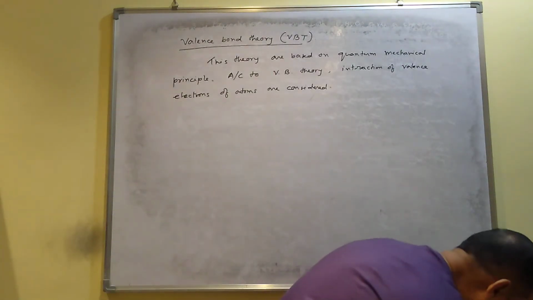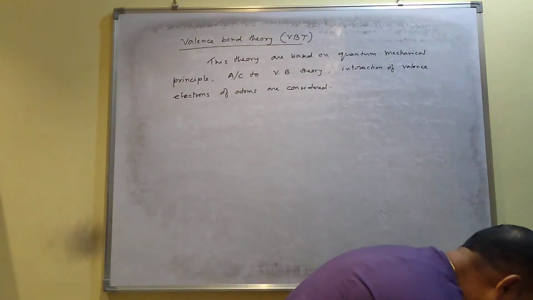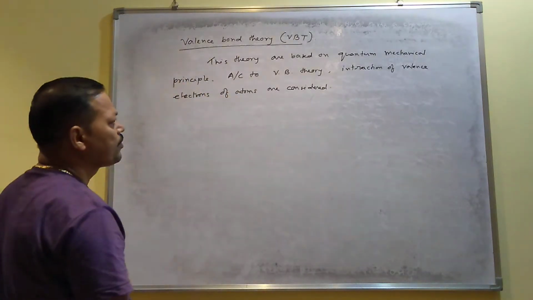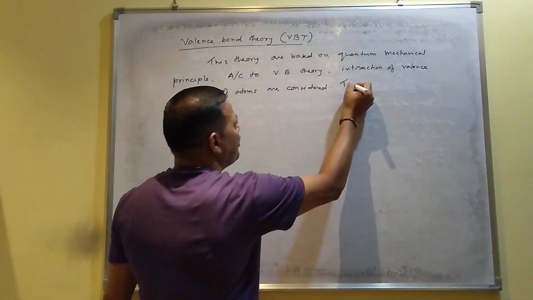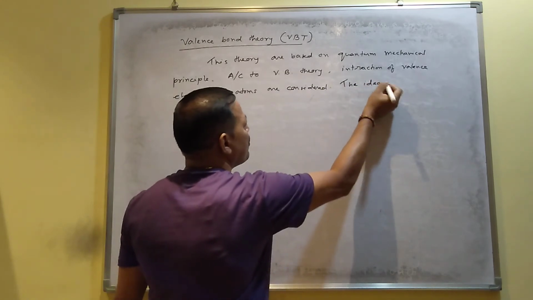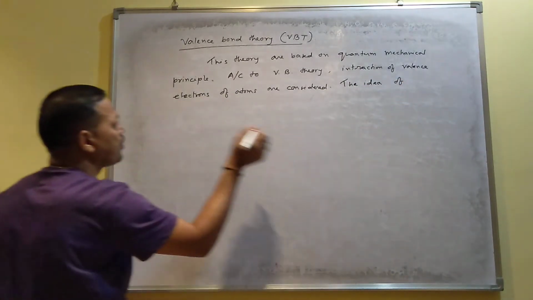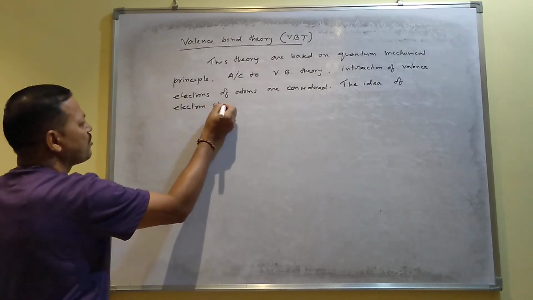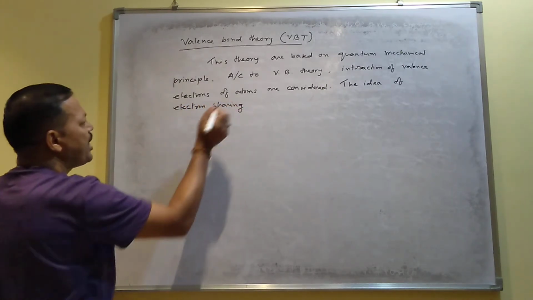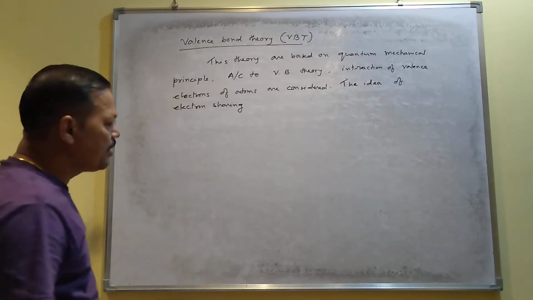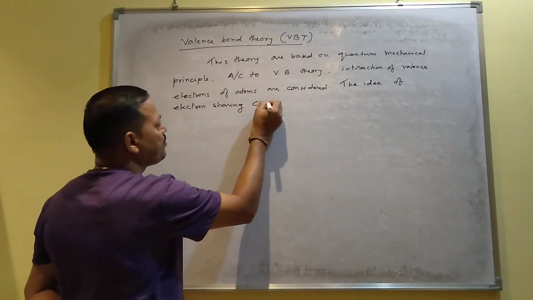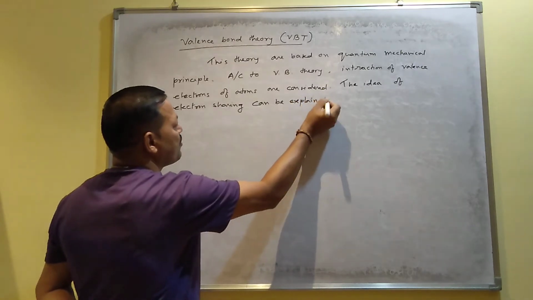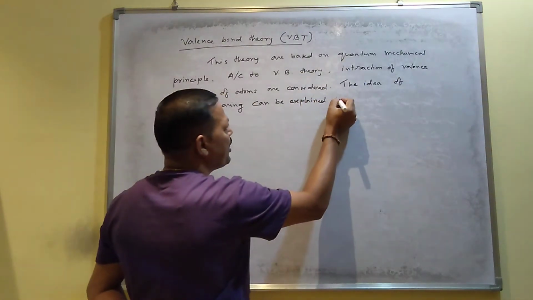Now I will tell you the main points. The idea of electron sharing can be explained in terms of orbital overlap.